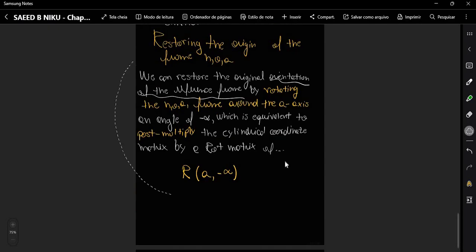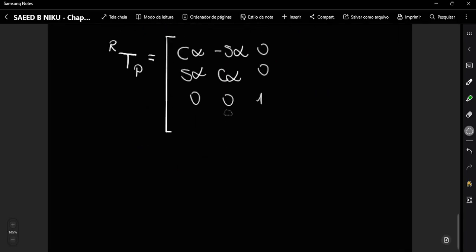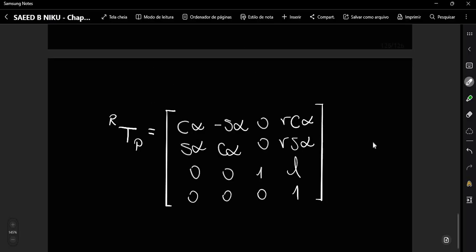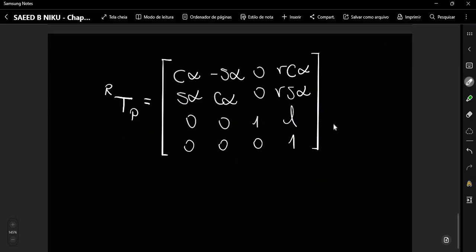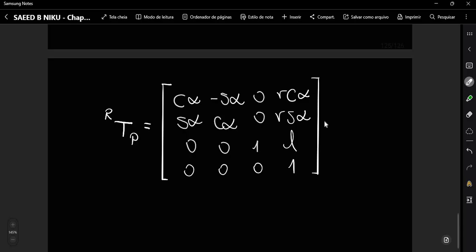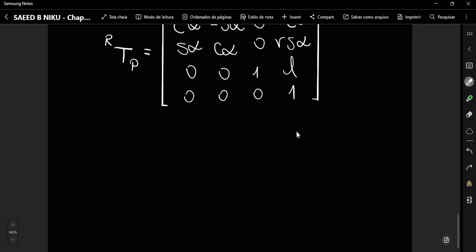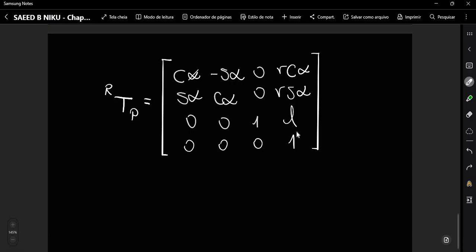Okay, and now if we substitute alpha right here, cosine of alpha, sine of alpha, and minus sine of alpha.